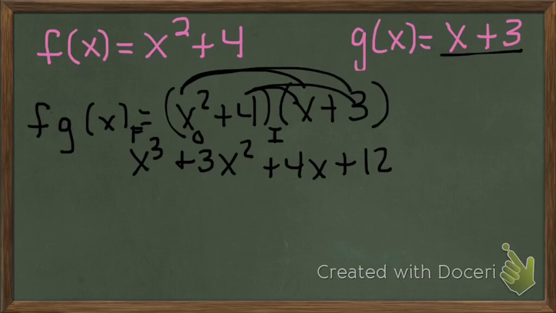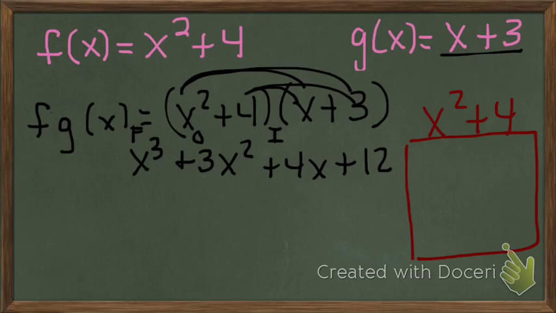If you get lost in these arches that we're drawing, you could also do what I call the box method. Let me get a different color here. You can write x squared plus 4. This works only for multiplication of polynomials. You create a box, so it's kind of like the area model, like length times width.